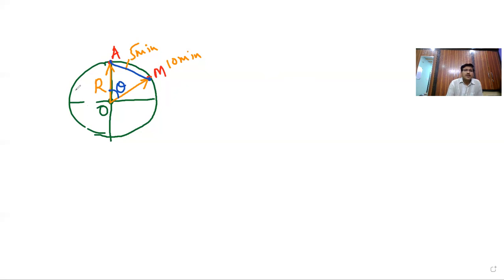Clear? Now observe. For the entire 360 degrees, the minute hand makes one complete rotation. What is the total angle covered? 360 degrees. That means in one round, the minute hand completes 360 degrees.